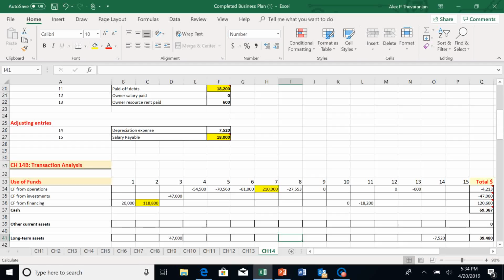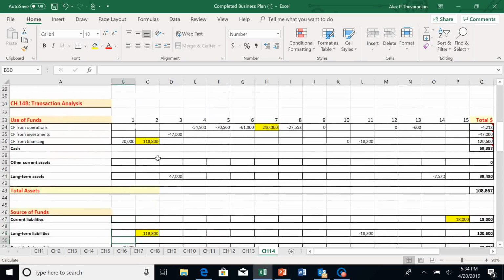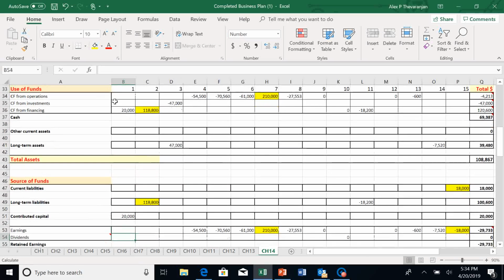So first, for example, when owners contributed $20,000, if you look at transaction 1, contributed capital increases by 20,000 and cash increases by 20,000. The only difference is that cash, we are going to separate into cash flow from financing, investments and operations.